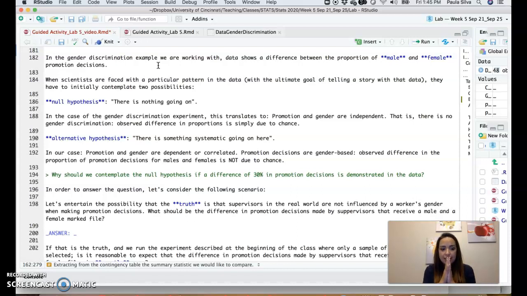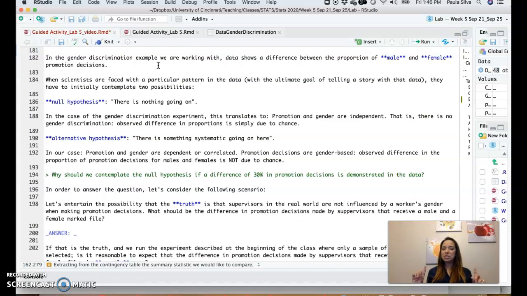Let's entertain the possibility that the truth is that supervisors in the real world are not influenced by a worker's gender when making promotion decisions. If that's the case, what should be the difference in promotion decisions made by supervisors that receive a male and a female marked file?